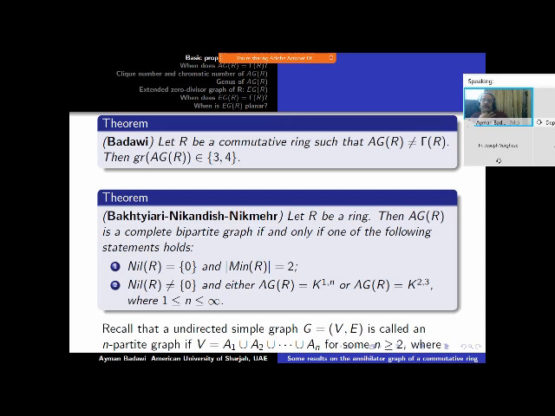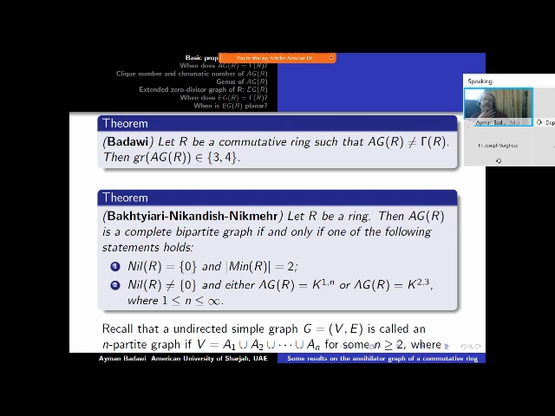Or the nilradical of R is not 0, and either the annihilator graph is complete bipartite K_{1,n}, you know what that means, but the standard notation has the 1,n down as an index, not an exponent, or the annihilator graph is K_{2,3}, a complete bipartite graph with 5 vertices. I think all of us know this structure very well.